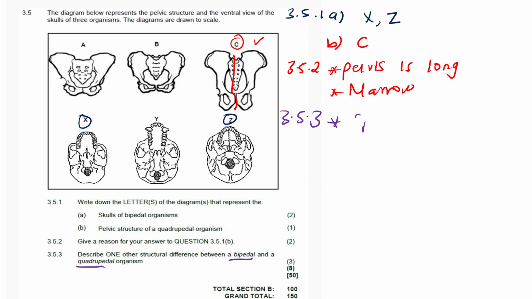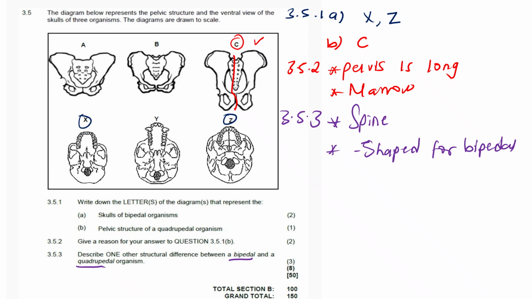The spine of a bipedal and a quadrupedal is not the same. Sorry, for bipedal it is S-shaped.